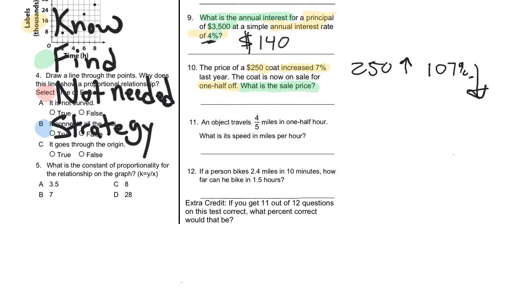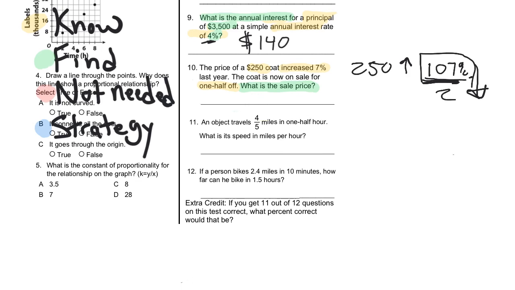It's going to go up and then go off. Now we're moving on to strategy: if I can find 107% and just divide it by 2, because half off is dividing by 2. I can also multiply by 1/2, but dividing by 2 seems a little simpler. Then I can figure that out.